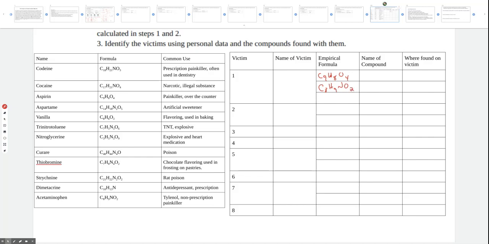And the third one, which we just found, was C21H22N2O2. And let's see, this was found in pockets and briefcase, and so is this one. And the last one was found merely in the briefcase.